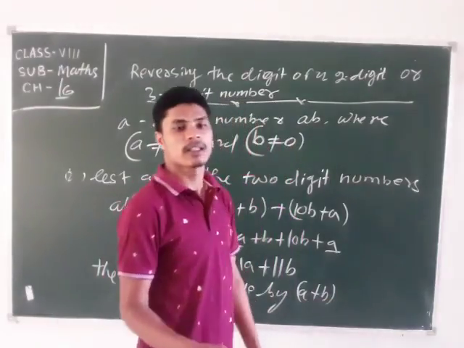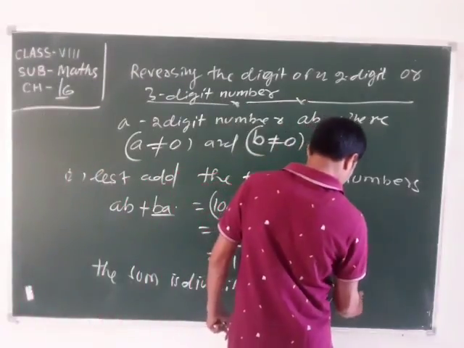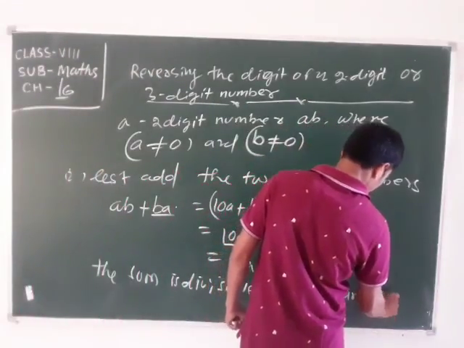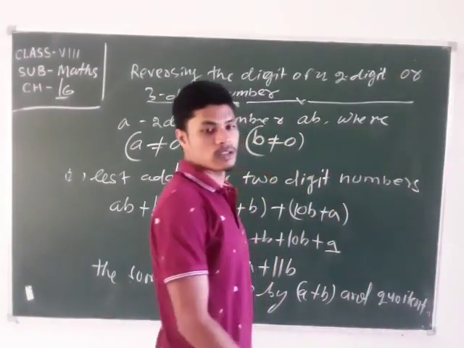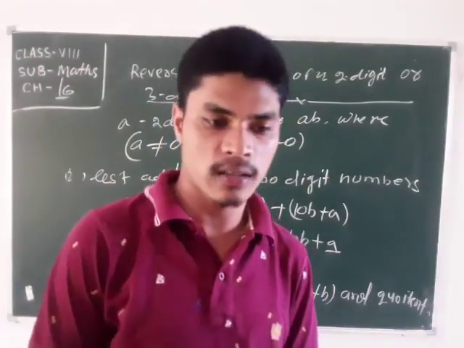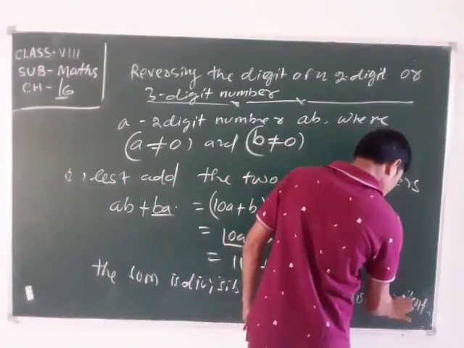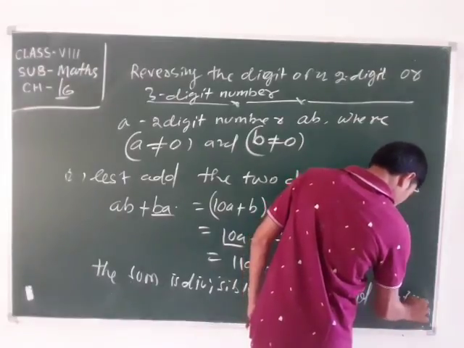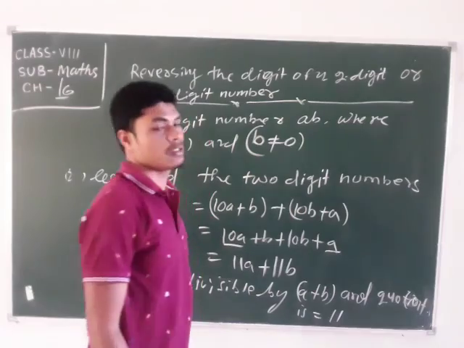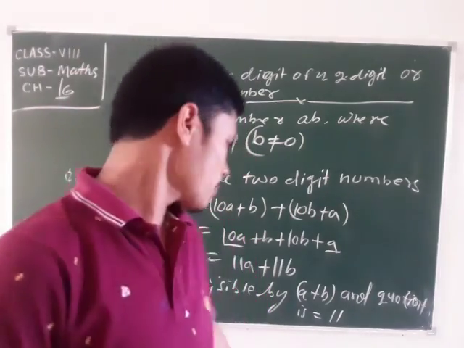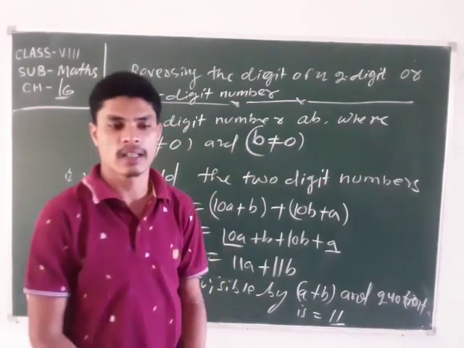Quotient is always a plus b. That means when we divide the sum by 11, the quotient is a plus b. Clear about it?